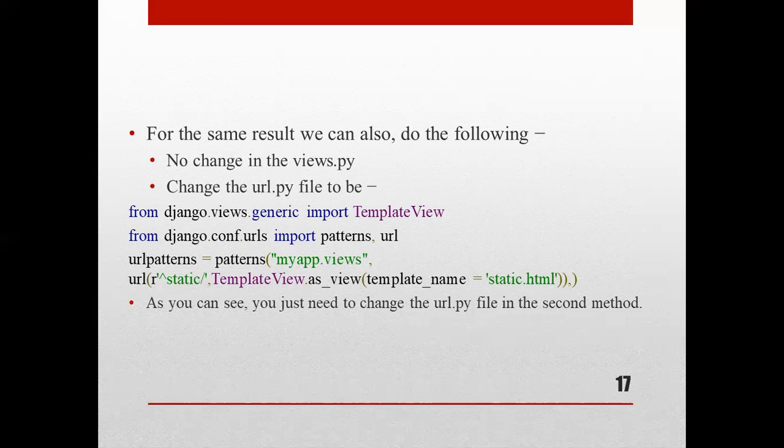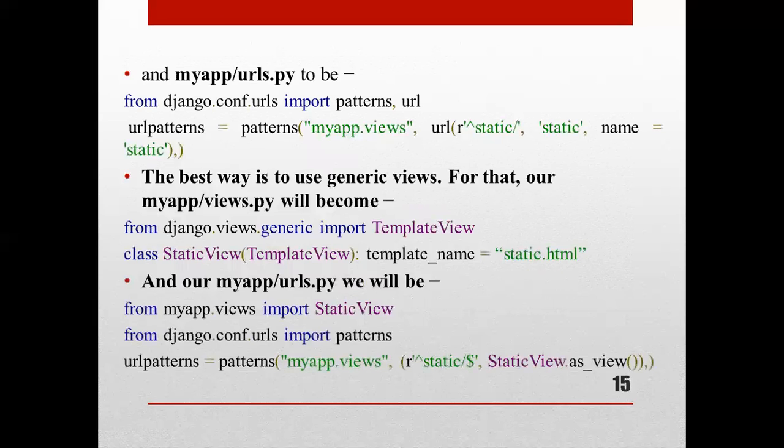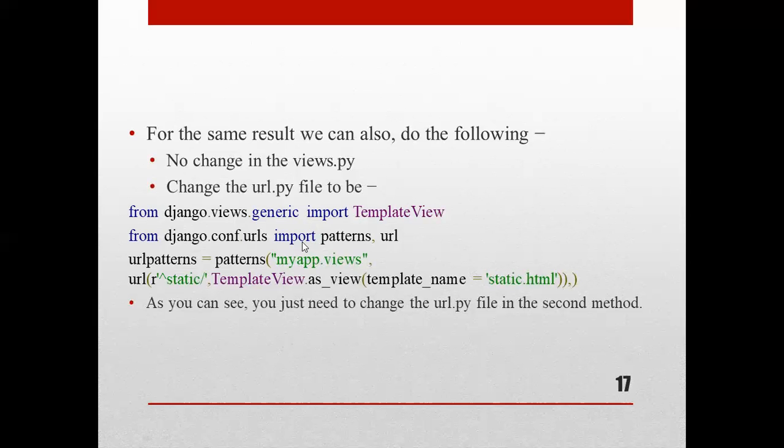In that, there is no change in the views.py file. That means the views.py file is the same as here. We have to make some changes in the url file. We have to import TemplateView from the django.views.generic module.